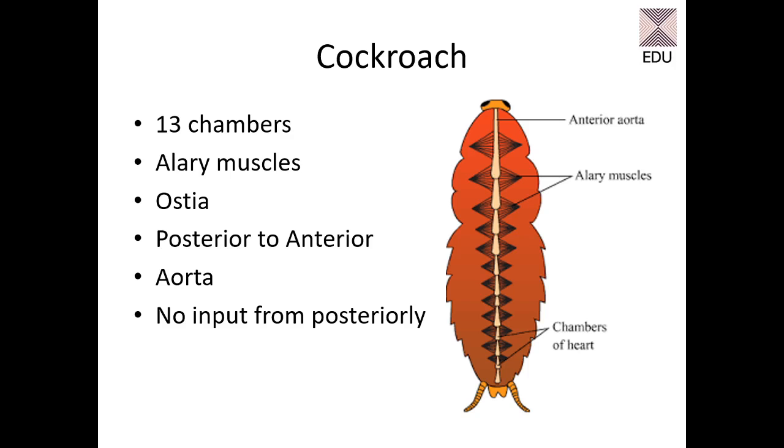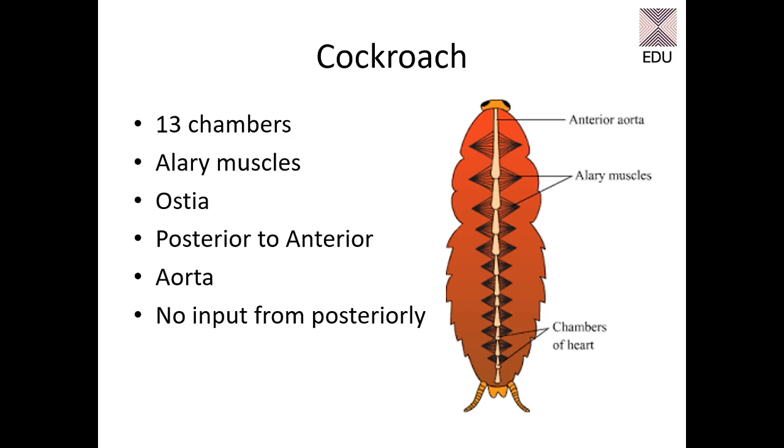And the contraction wave starts from the posterior side. That means the end chamber, the 13th chamber at the posterior side, will make the systole first of all. So it will be contracting in the first place.